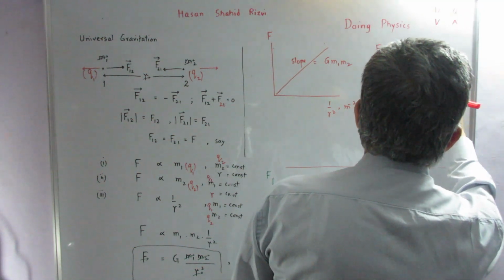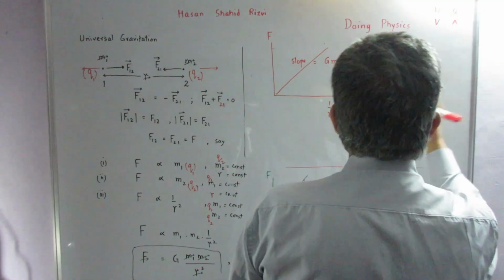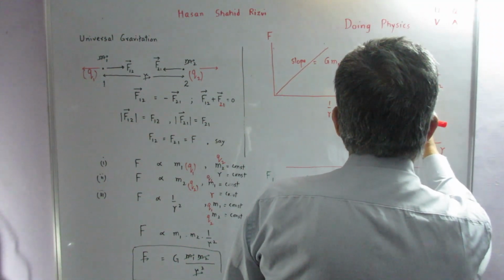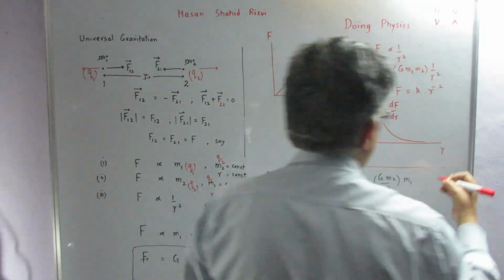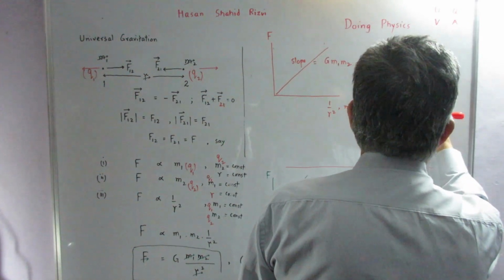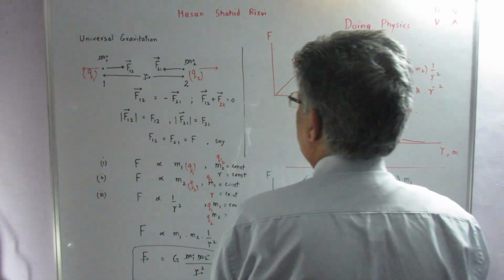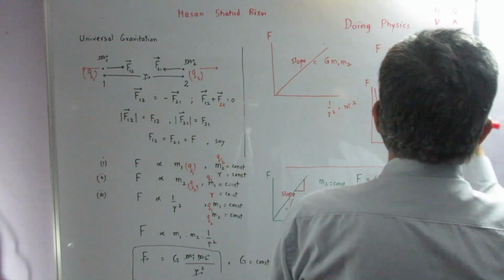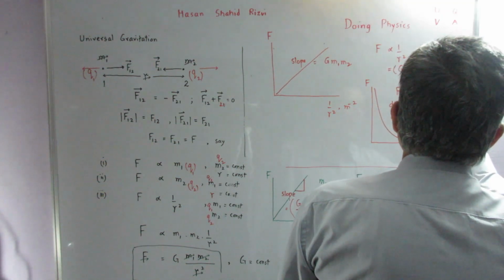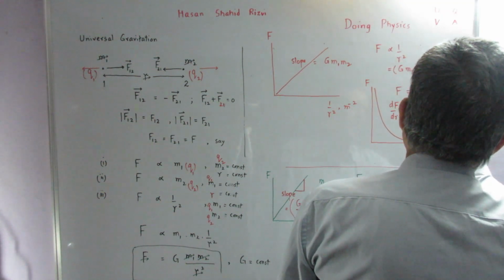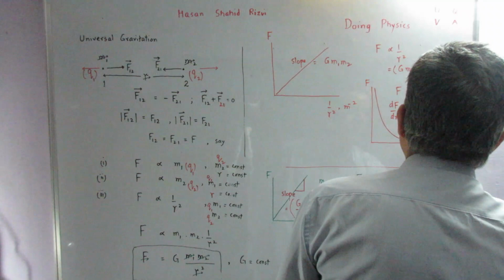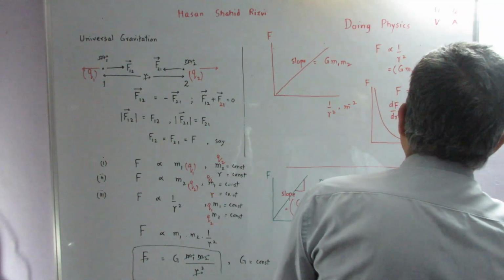K into R raised to the power of -2, the slope will be dF/dR, because R is the variable and this variable is in meters. So this will be equal to K into, with the formula that we had for the differentiation, -2 R raised to the power -2 minus 1, which is equal to -2K R power -3.